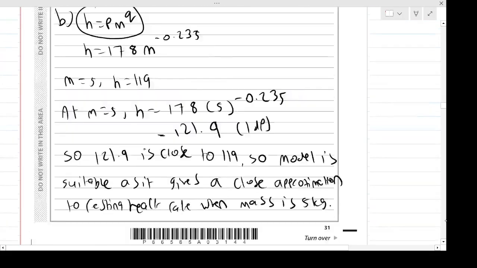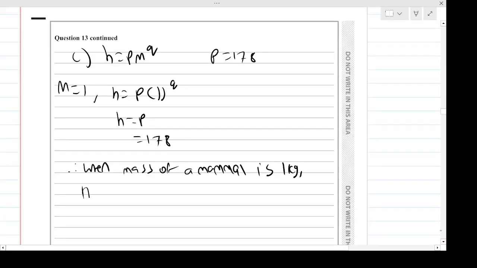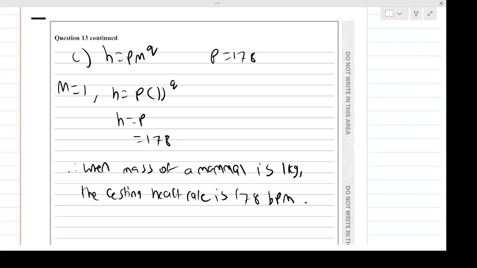So when the mass of a mammal is 1 kilogram, the resting heart rate H is 178 beats per minute. BPM, beats per minute. So that's what that means. It's sort of a standard initial value. Obviously it's not initial because it's not M is 0, it's M is 1. But that's kind of what it means, right?